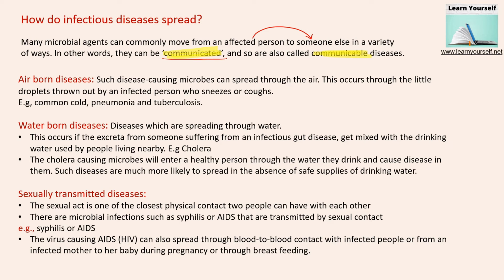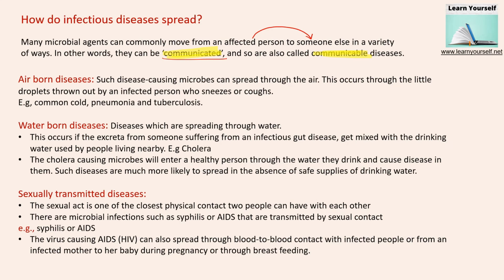In airborne disease, disease-causing microbes can spread through the air. This occurs through little droplets thrown out by an infected person who sneezes or coughs. When people sneeze, it is likely that some of the droplets will spread into the surrounding air.